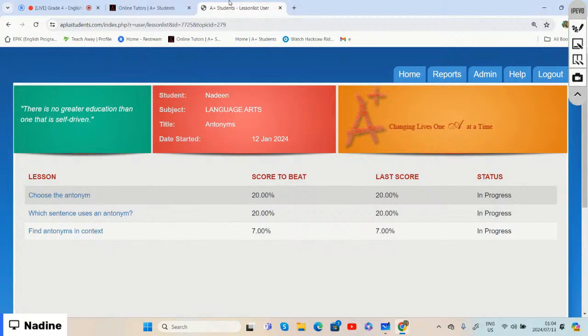All right, so this is a continuation of our previous lesson where we did antonyms and we had to choose the antonym, and we also had to say which sentence uses the antonym. Then we're going to end off our lesson with finding antonyms in context.